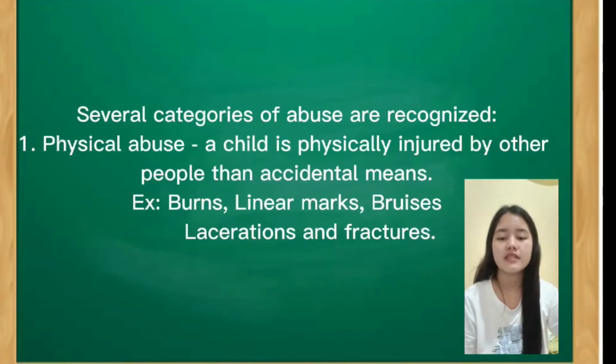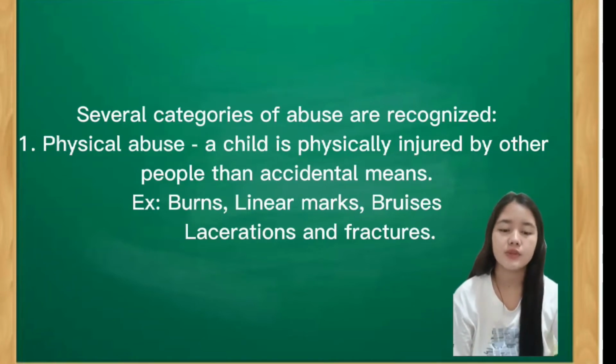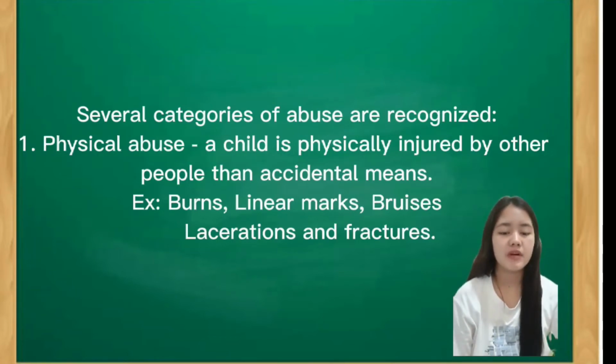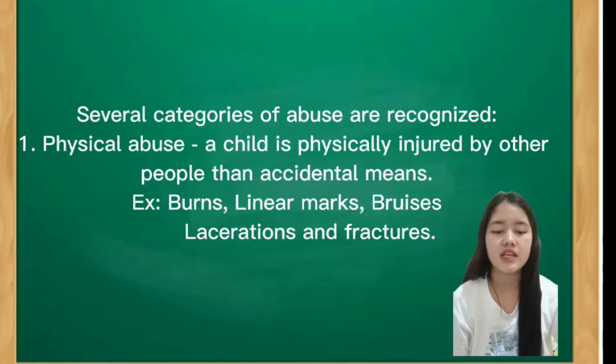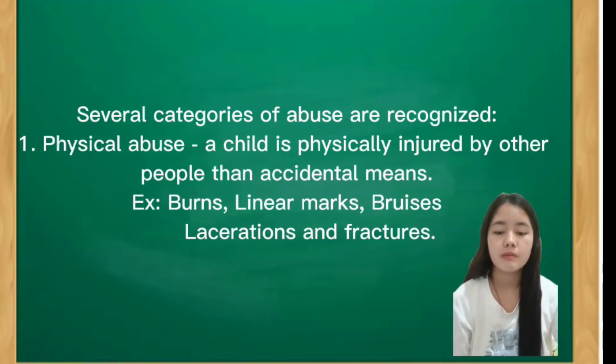So several categories of abuse are recognized. The first one is physical abuse. A child is physically injured by other than accidental means. For example, burns in places that would not be expected as the result of an accident, for example, buttocks, shoulder blades, abdomen.